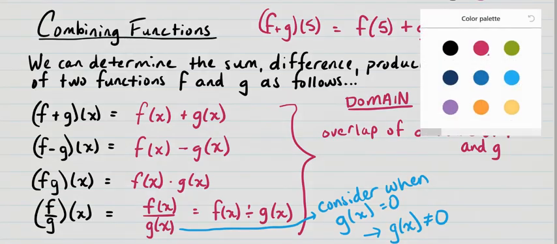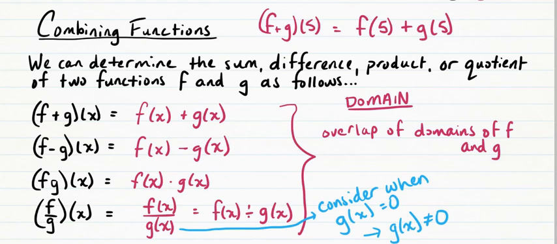When we talk about the overlap of the domains of f and g, mathematically, we can write that the domain of, for example, if I take a look at the product here, the domain of f times g would be the domain of f intersected, this is the mathematical symbol for an intersection, intersected with the domain of g.